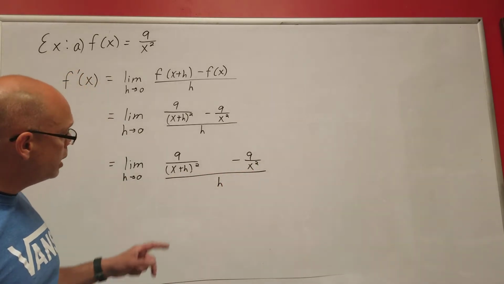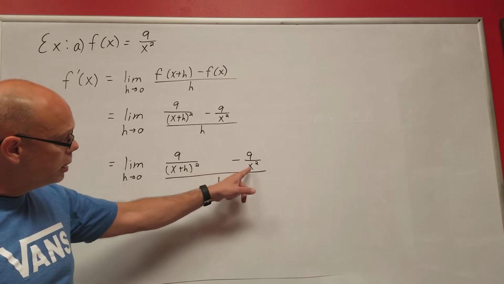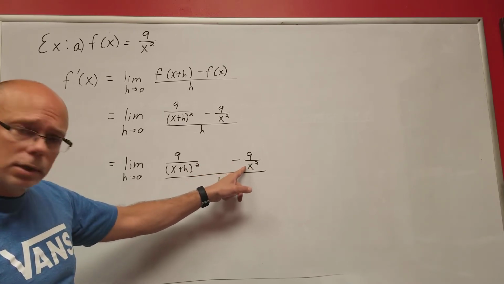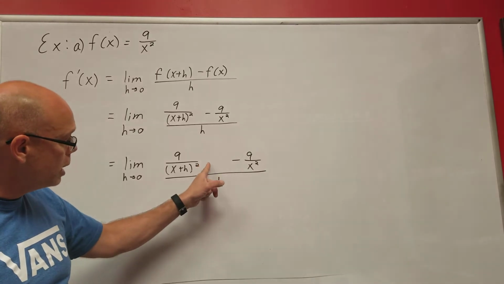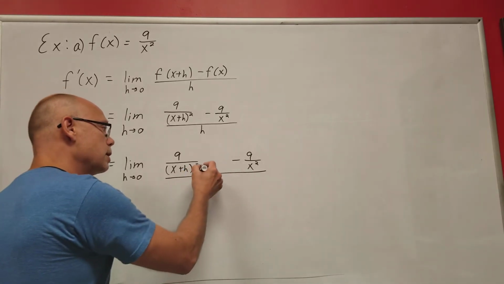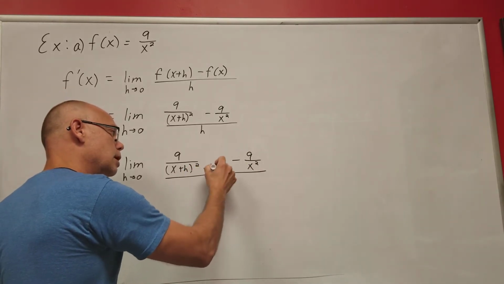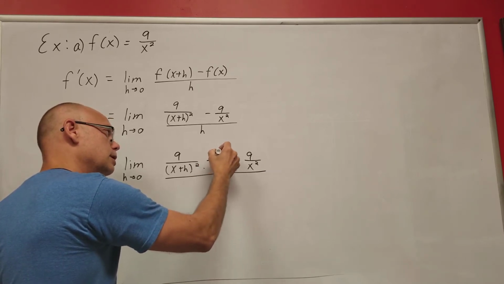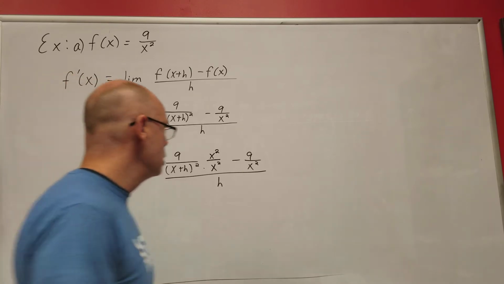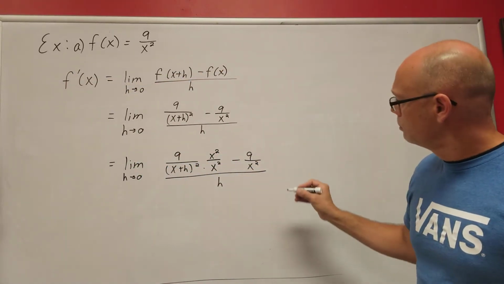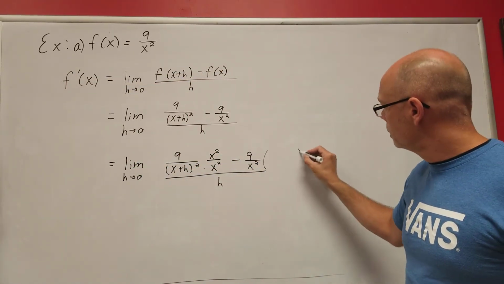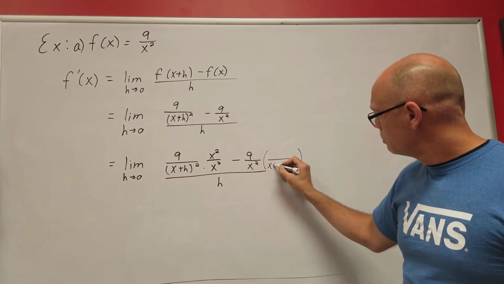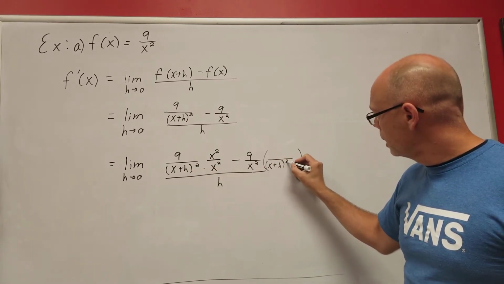Now the easiest way to come up with a common denominator is to multiply each fraction by the other one's denominator, top and bottom. So I'm going to multiply this denominator by x squared. Well, what I multiply by the bottom of that fraction, I've got to multiply by the top, right? This fraction here, I'm going to multiply the numerator and denominator by the other one's denominator, x plus h squared.